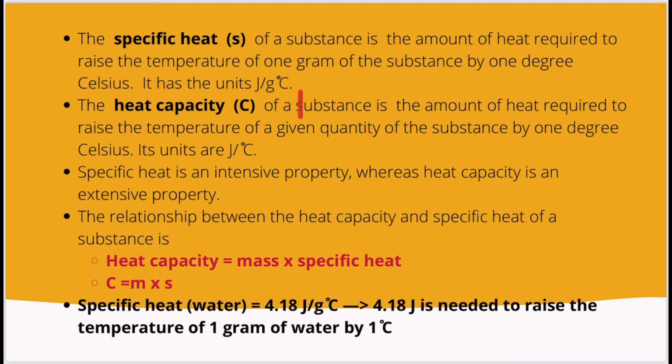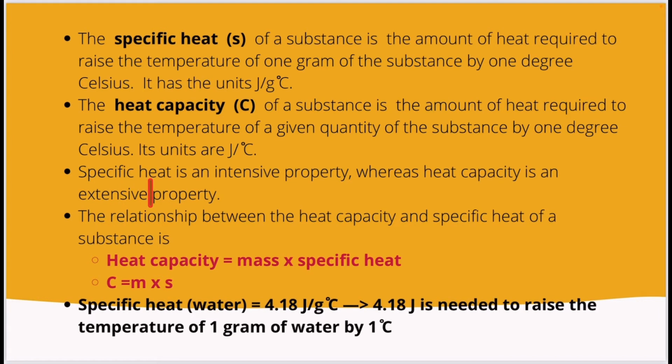The heat capacity of a substance is the amount of heat required to raise the temperature of a given quantity of the substance by 1 degree Celsius. Its unit is joule per degree Celsius. Specific heat is an intensive property, whereas heat capacity is an extensive property.